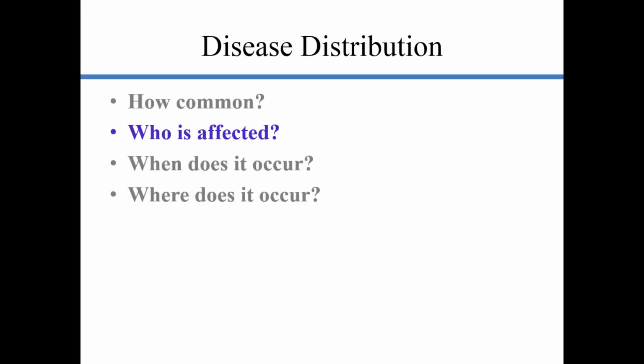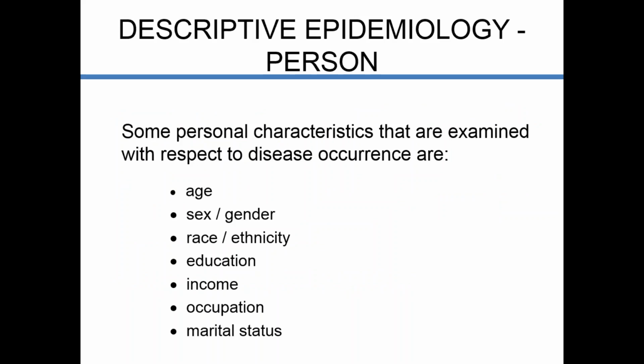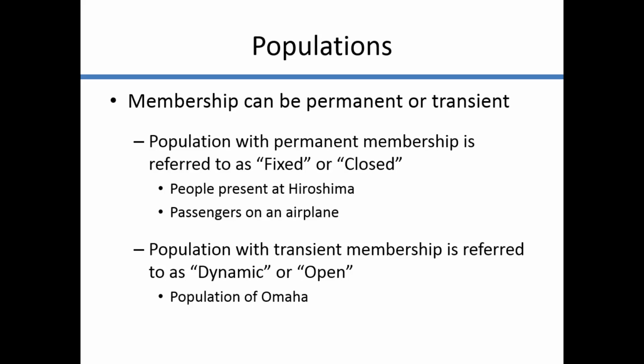Back to our slides. Who is affected? Some common, but certainly not all. These are just a few of the common personal characteristics that are examined with respect to disease occurrence. Populations. Obviously, when we look at personal characteristics, we need to consider the larger population. Epidemiology is a population-based science.